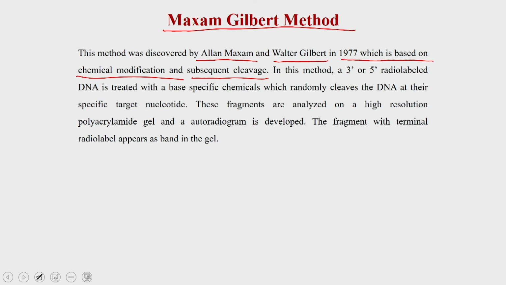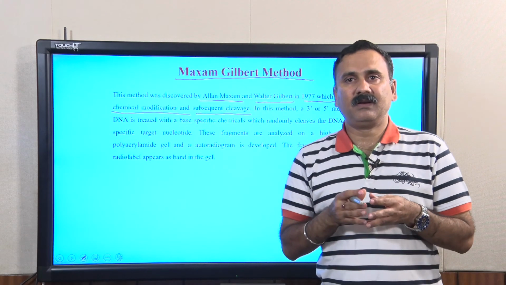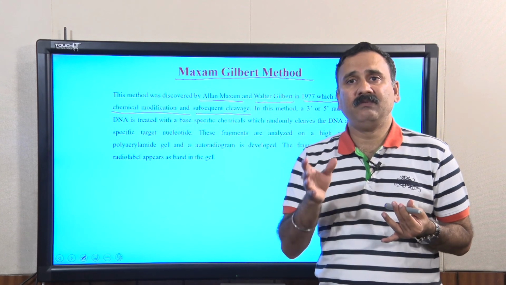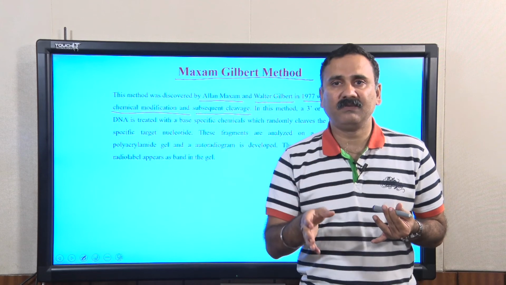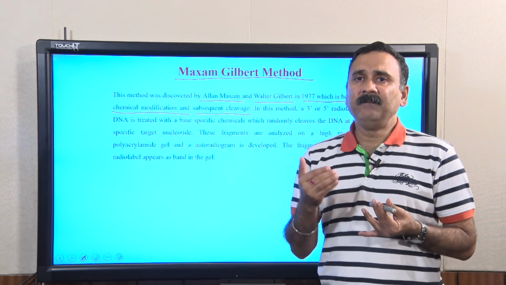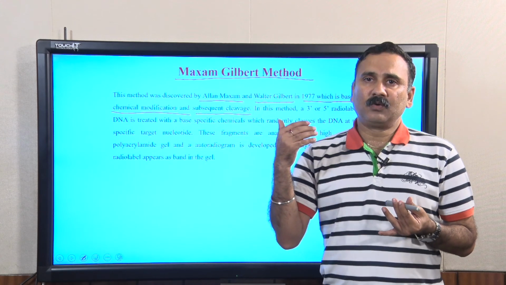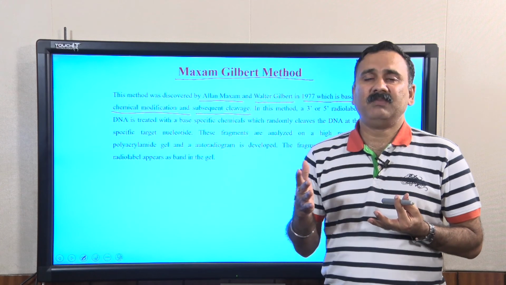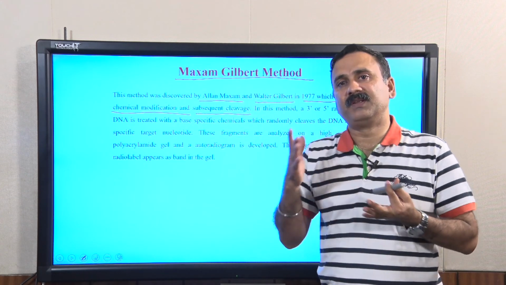So, if you remember, the Sanger method is based on PCR-mediated reactions, which means enzymes, DNA polymerase and other enzymes, are involved, and you could also make mistakes, because all these DNA polymerases have some level of processivity.